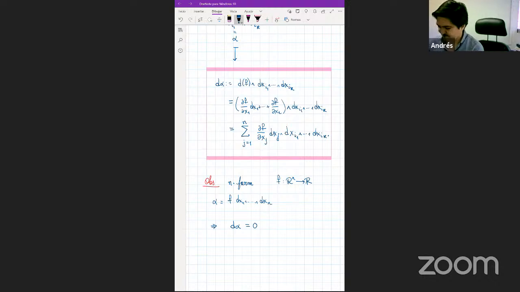Now, let me make the following definitions. And this is just going to tell you that this might seem new to you, but it's not new. You have seen this also in differential equations.